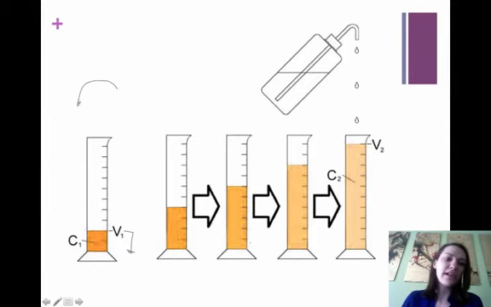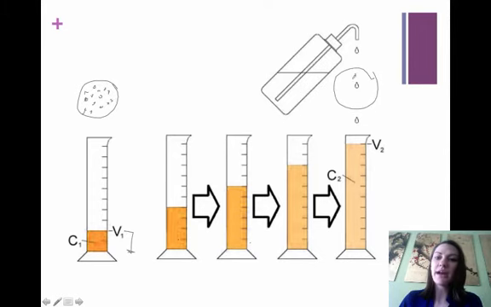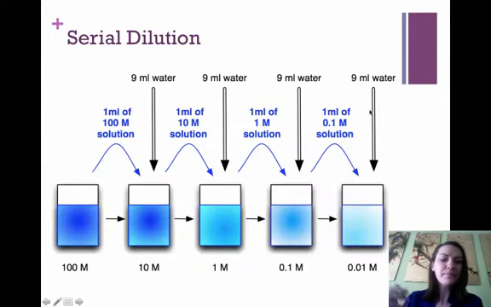If I took a cross section here, I would have lots of particles really close together, and these are my moles of solute. But on this last one, I don't have quite so many close together. They're a little bit farther apart because there are water molecules, solvent molecules, in between them. That's just an idea of what a dilution looks like.